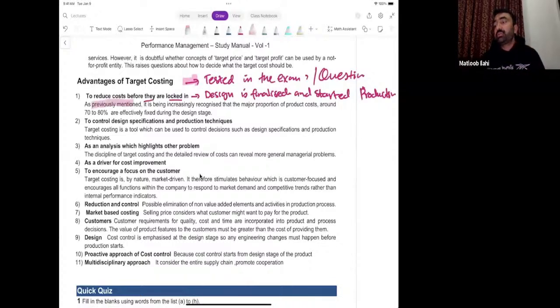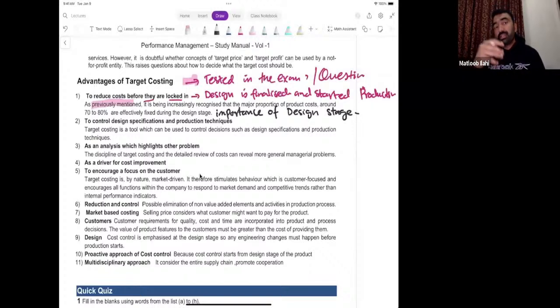As previously mentioned, it is being increasingly recognized that the major proportion of product cost, around 70 to 80%, is effectively fixed during the design stage. So imagine the importance of the design stage of the product.